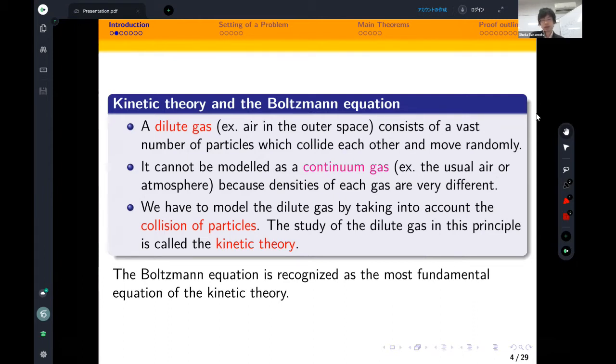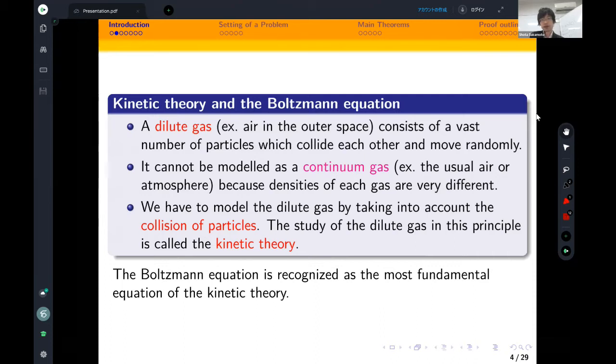So they can be regarded as a continuum, as its name says. And by that hypothesis, we can derive the Navier-Stokes, Euler, or other kinds of fluid equations. However, if you consider a dilute gas, the distance between two molecules is not so small, especially when compared to that in a continuum gas. So we need a different modeling.